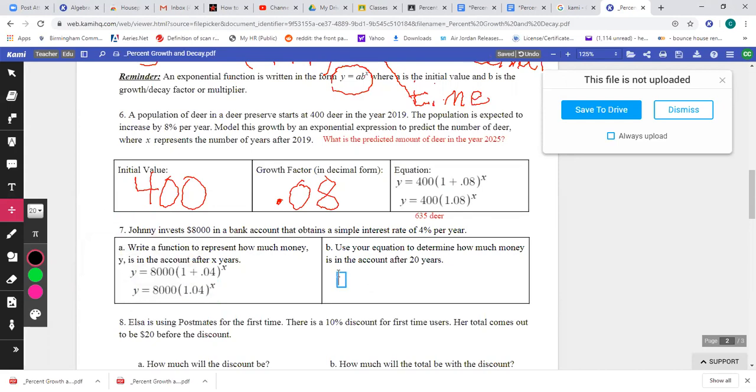And then it says to use your equation to determine how much money is in the account after 20 years. So once again, you're just going to plug in 20 here. So it is going to be y is equal to 8,000 times 1.04 to the 20th.